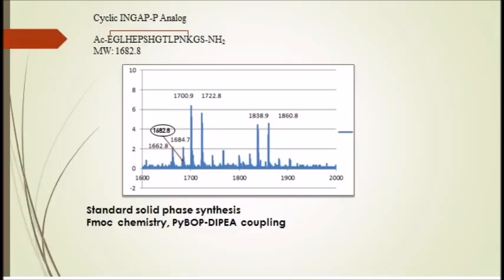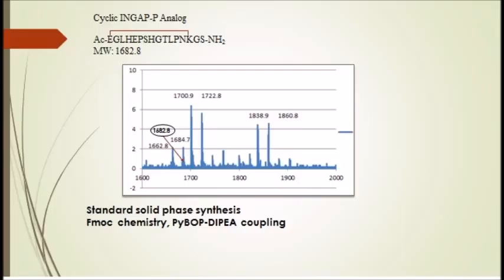Now it appears at 1682.8 at a fraction, it's not even seen here. It is at a fraction of intensity of the other main peaks. This low yield of cyclized product may be because of ring strain, because of the conformation of the individual amino acid amide bonds, and also steric hindrance.